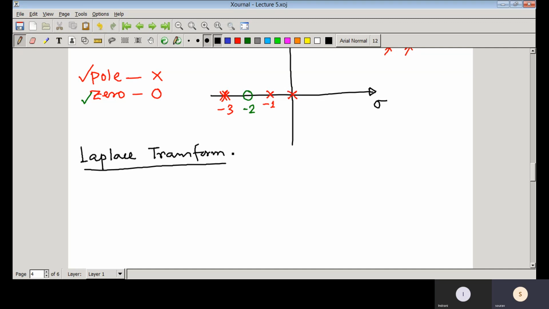Here I am not going to show you the detail of the Laplace transform. For those who forget it, I suggest you read your class notes of signals and networks. Here I will just give you some formulas and some important Laplace transforms which will be required to solve control problems. The Laplace transform is a transform, so let us first understand what a transform is, and it will be very clear.